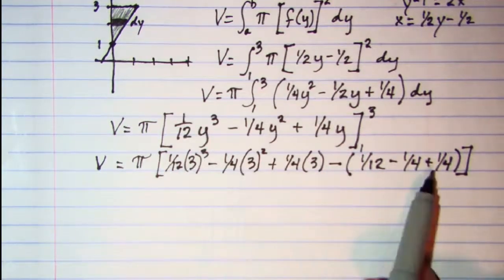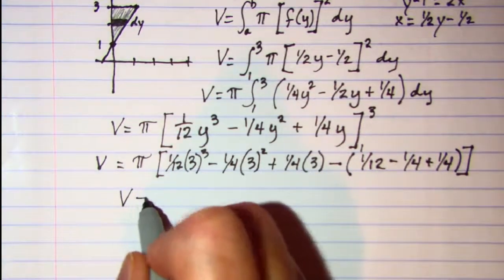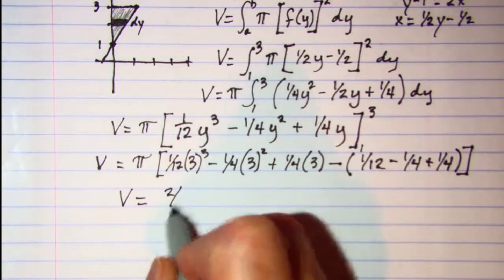When we do the math, we get a volume of 2/3 pi.